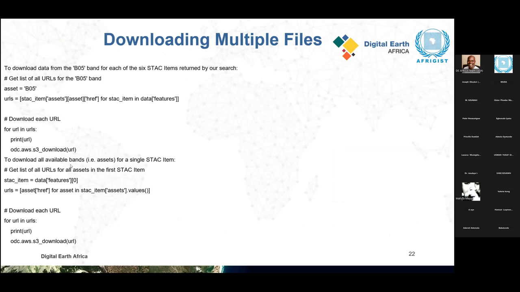To download all available bands, for example the assets for a single stack item, you also have the script that is here, stack_item. You define the URL, and for downloading each URL: for URL in URLs, print URL, odc.aws.s3_download URL.